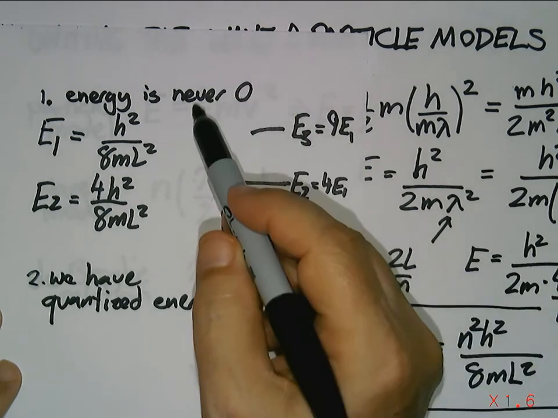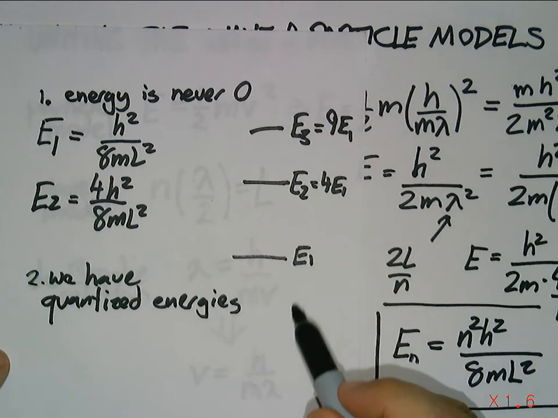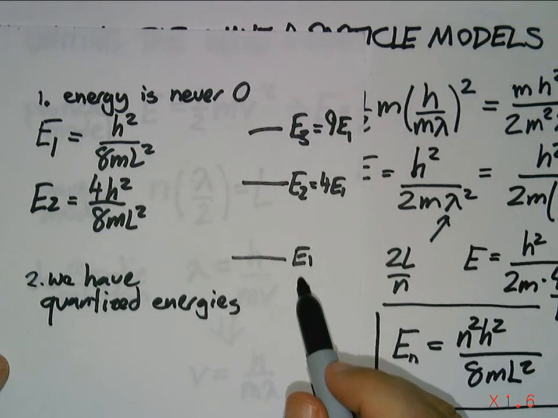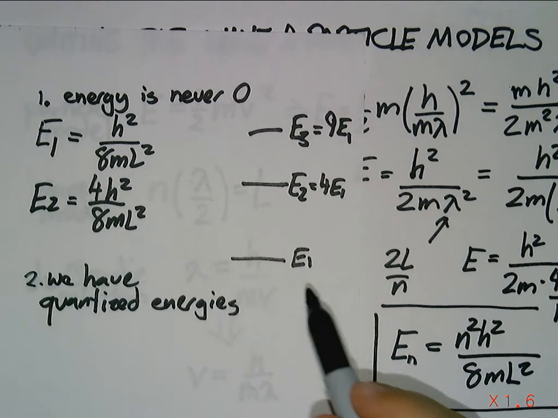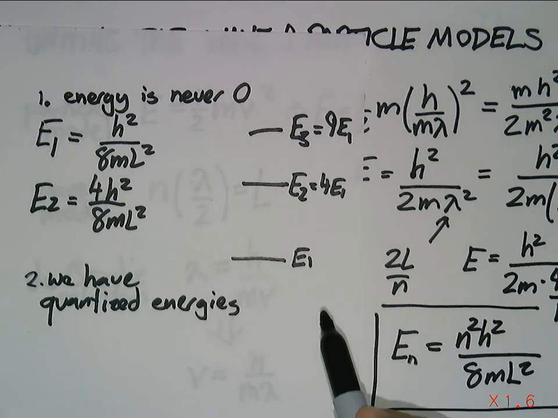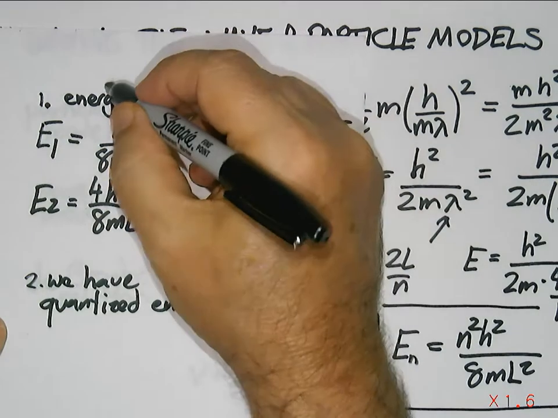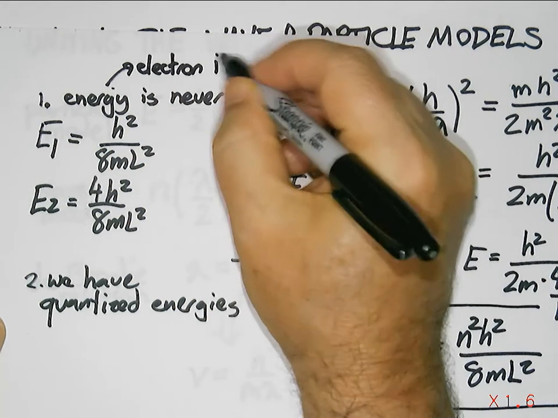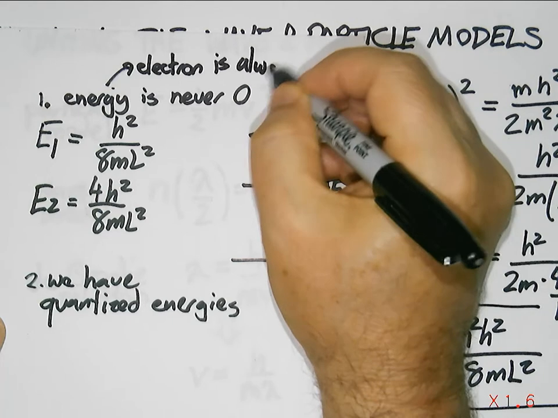Now, let me go back to the fact that the energy is never 0. There's some energy, E1, that you can never take out of the system. There's always residual energy there. What does that mean? If the electron always has got energy, that means the electron is never at rest. It's always moving.